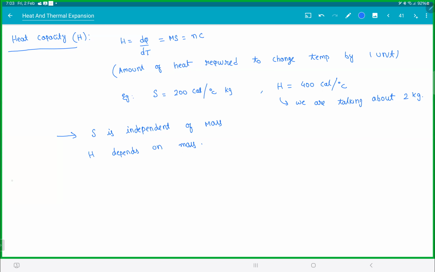Then we define latent heat of fusion, LF. This is the amount of heat required to convert 1 gram solid to 1 gram liquid.